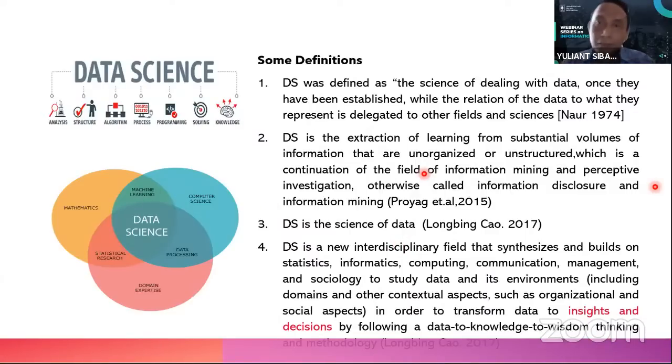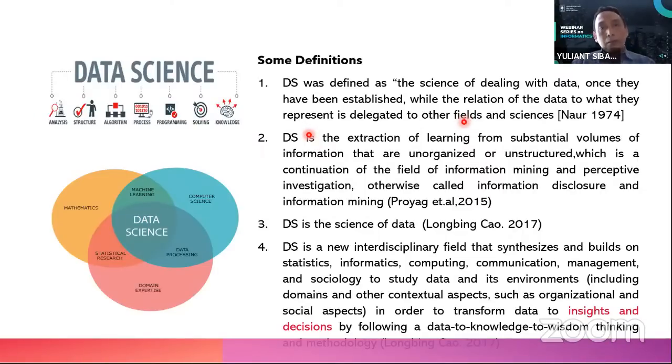Although data science seems to be trending recently, scientists actually defined data science several decades ago. The first is the definition by Naur in 1974. Data science was defined as the science of dealing with data. Once they have been established, the relation of the data to what they represent is related to other fields and science.